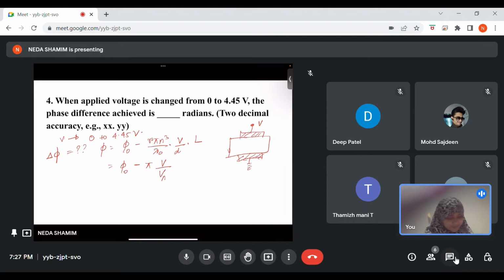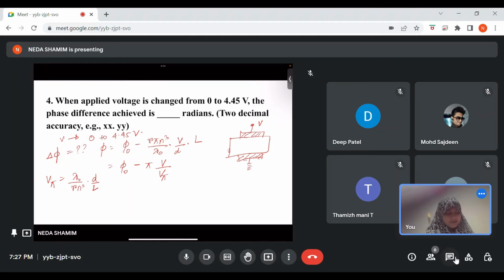Why? Because my V pi is equivalent to lambda 0 by r n cube times D by L, so here it's exactly the reciprocal of that.